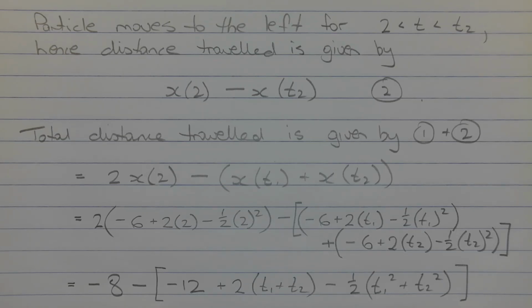Substituting t equals 2, t equals t1 and t equals t2 in the relevant spots, we get 2 times open bracket -6 plus 2 times 2 minus half times 2 squared close bracket, that's 2 times x of 2, minus open square bracket, open bracket -6 plus 2 times t1 minus half times t1 squared close bracket, plus open bracket -6 plus 2 times t2 minus half times t2 squared close bracket, close square bracket.